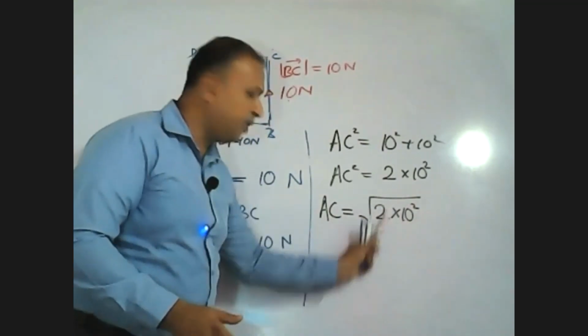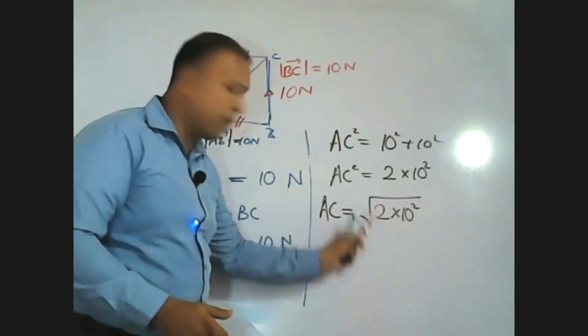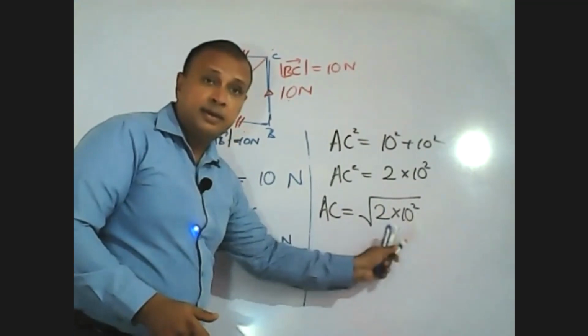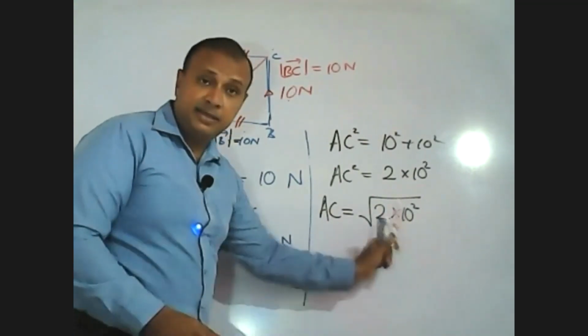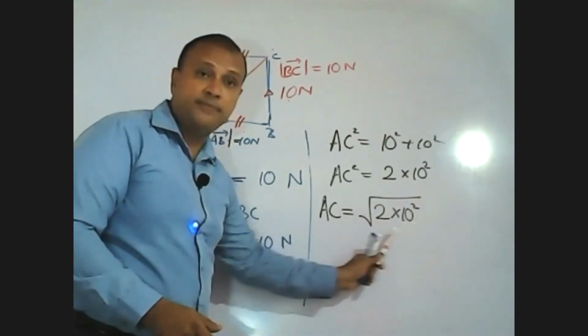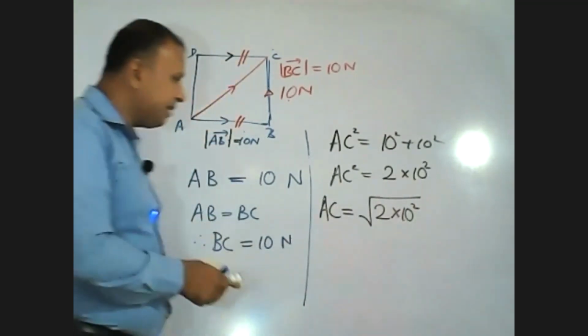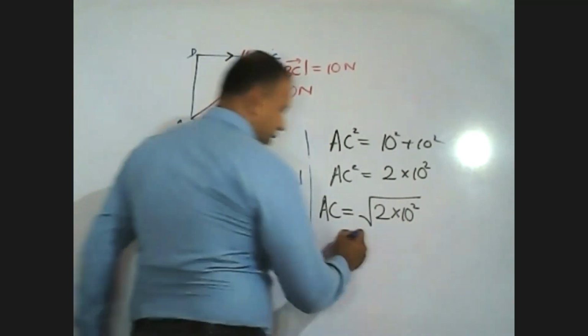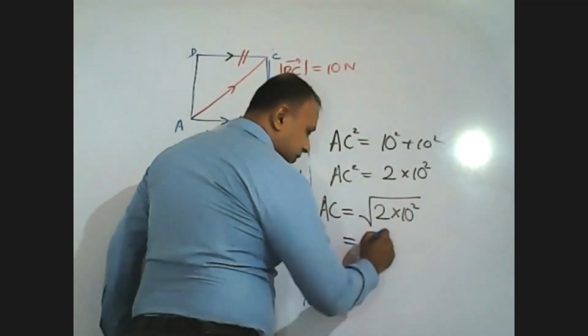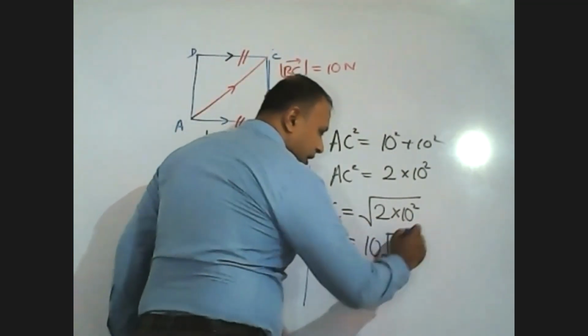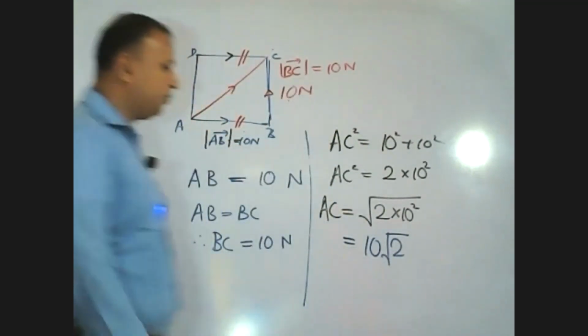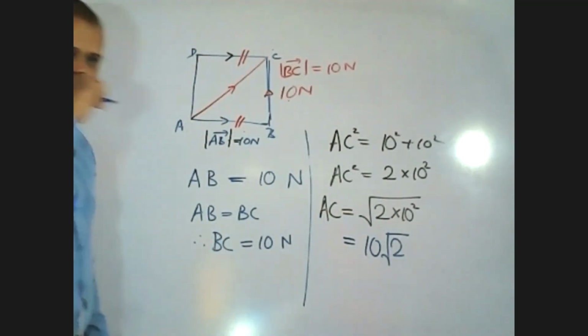This is a full square. Therefore, I can take the square root of 10 squared, which means 10. So I can take it out. So 10 times square root of 2.